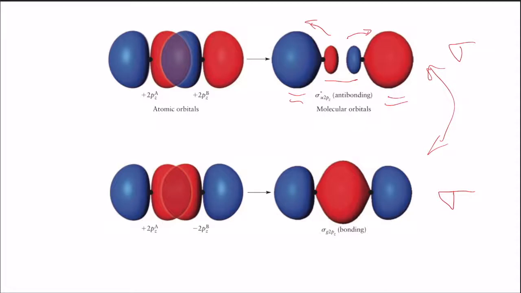Why? Because if I make a cut here and I look from the side, it looks cylindrically symmetric. This would be the internuclear bond, and then you can cut, and this looks symmetric, similar here. Now, this one is antibonding, so we'll give it a star.